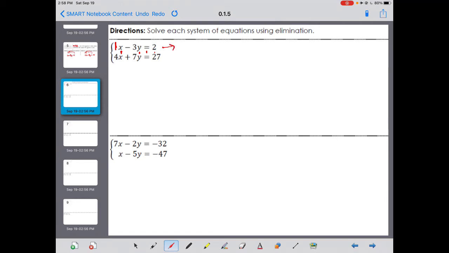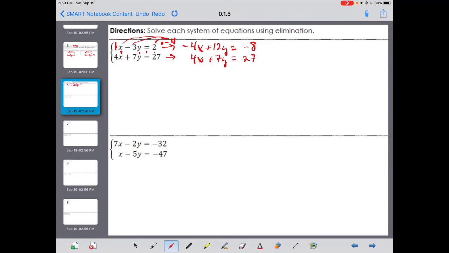So I'm going to move this equation and multiply it by negative 4. Every piece is going to go through the negative 4. 1x times negative 4 is negative 4x. Negative 3y times negative 4 is going to be positive 12y. 2 times negative 4 is going to be negative 8. And then the bottom one I'm just going to move.